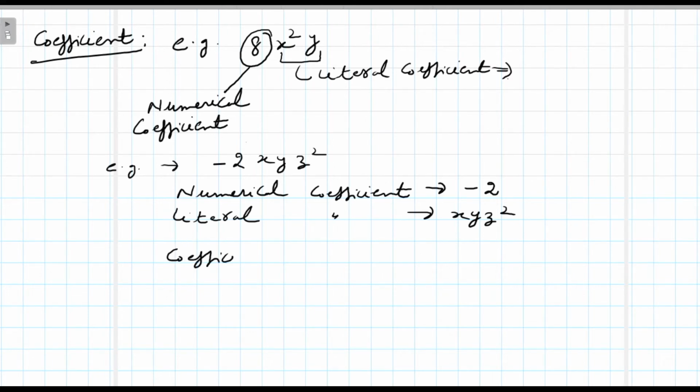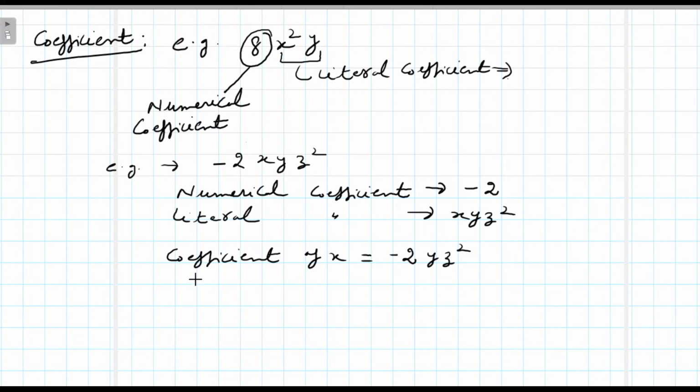Here is a new thing that you have to know. If I ask the coefficient of x, the coefficient of x is, excluding x, all the rest. Here it is minus 2yz square. You have to leave x.